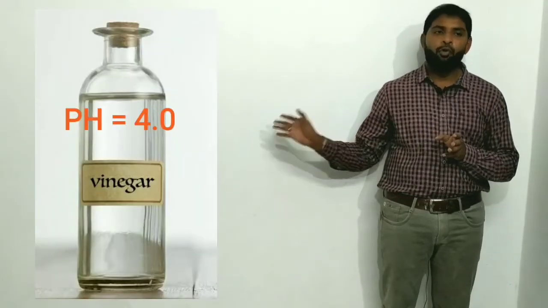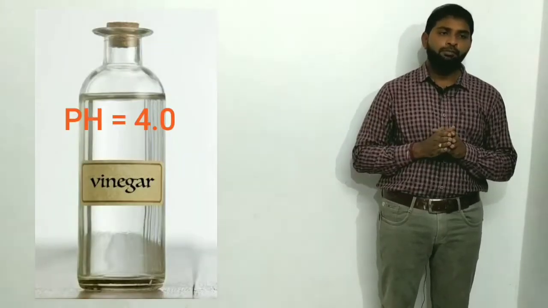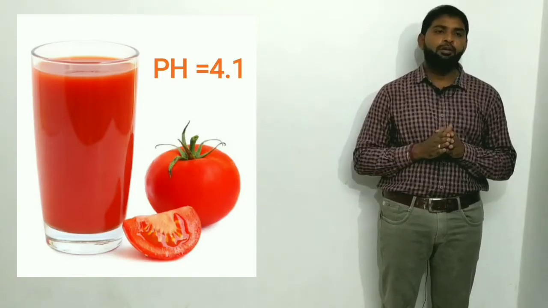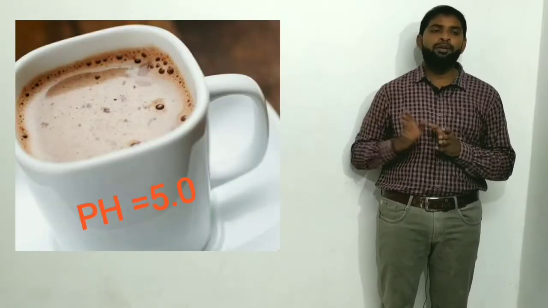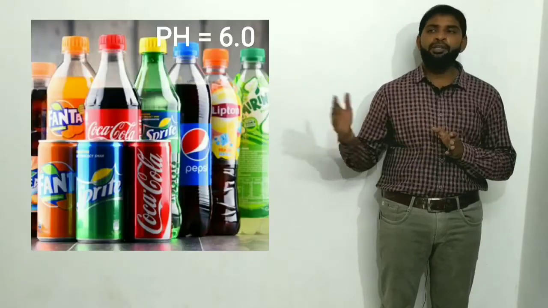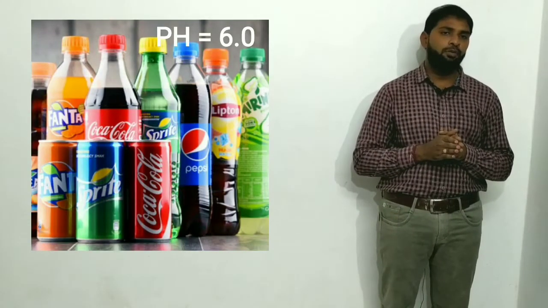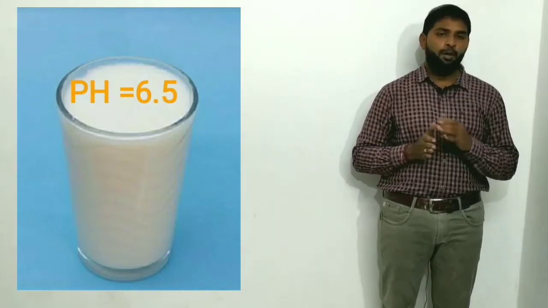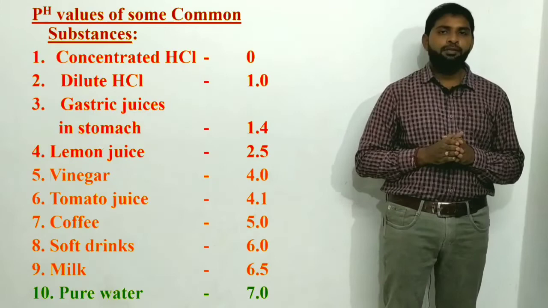Vinegar 4.0. Tomato juice 4.1. Coffee 5.0. Soft drinks pH 6.0. Milk pH 6.5. Up to here, acids.